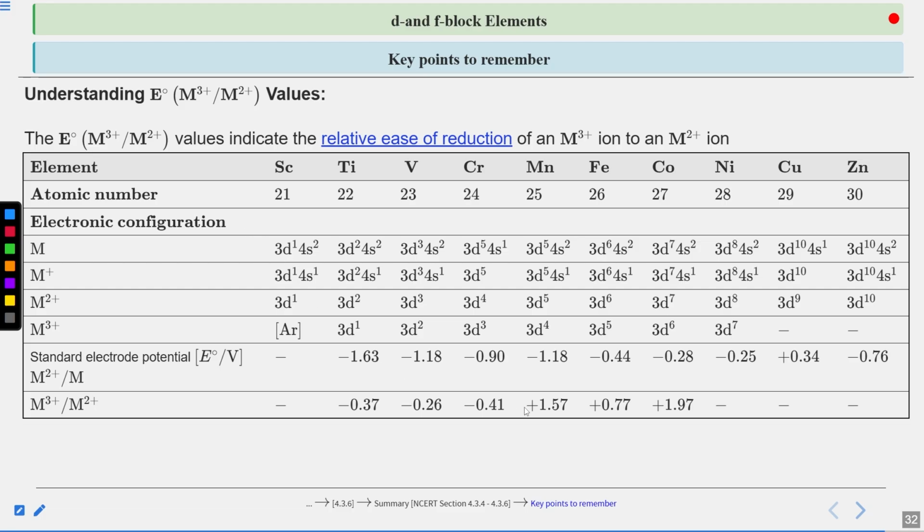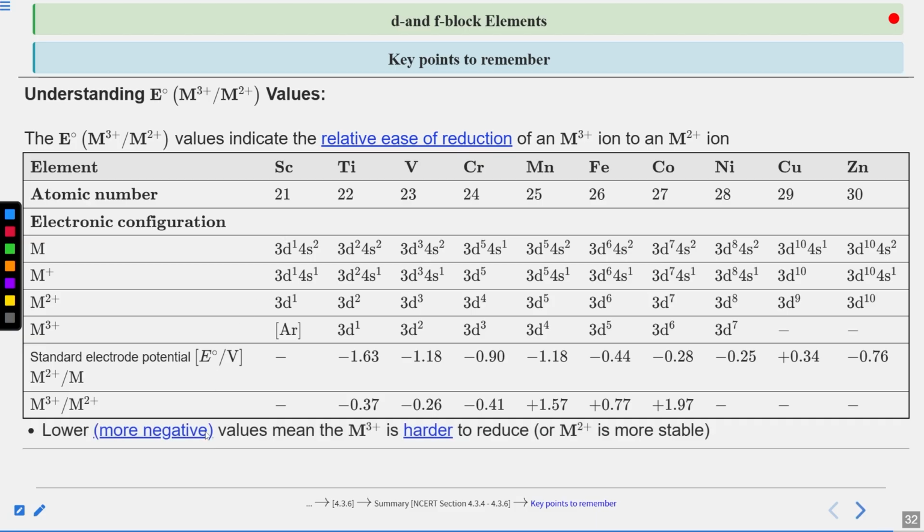We have seen manganese, iron, cobalt, vanadium, their values, why they are showing such a trend, and their explanation. So the lower value means that M3 positive is harder to reduce, and that's why it shows the lower E naught value. So that's what we have observed according to this table.